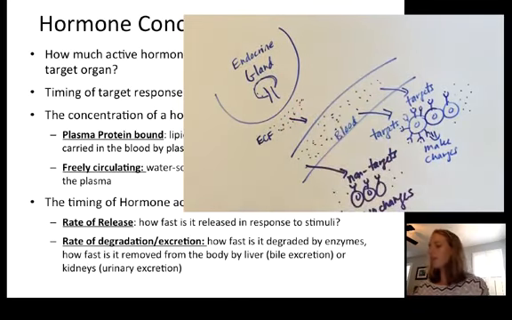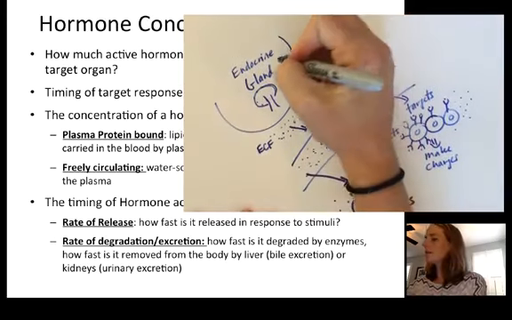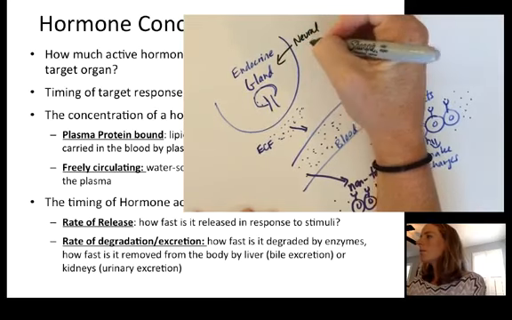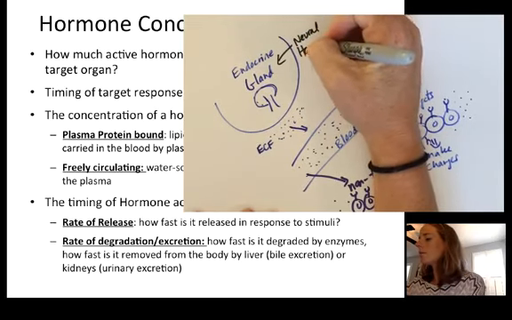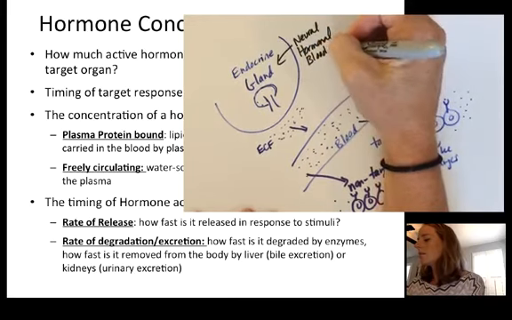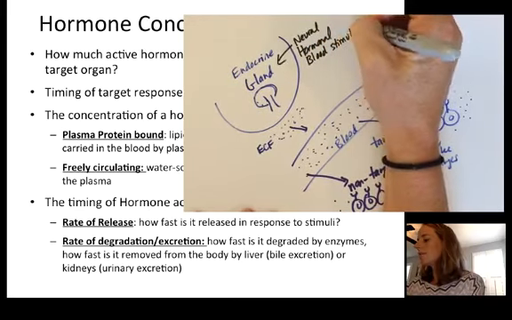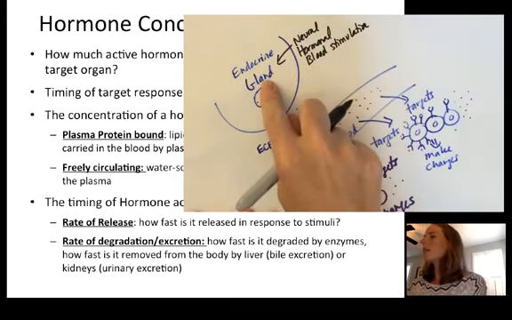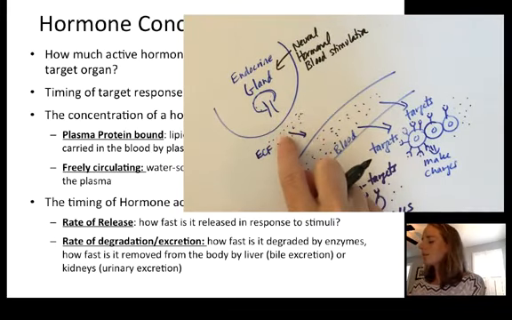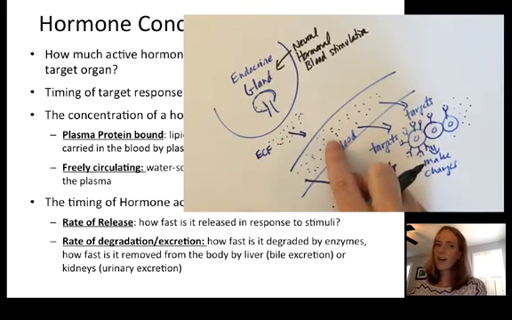So maybe we should write that up here, right? So there is a stimulus, neural, hormonal, or blood stimulation of the endocrine gland. Once that release happens, though, we can also affect the concentration of a hormone.